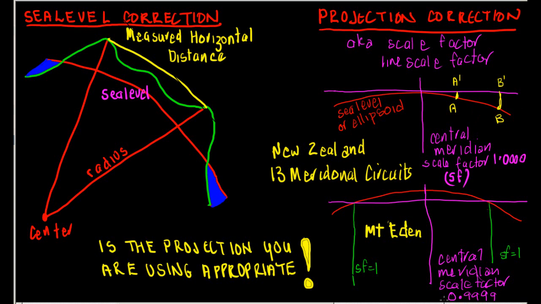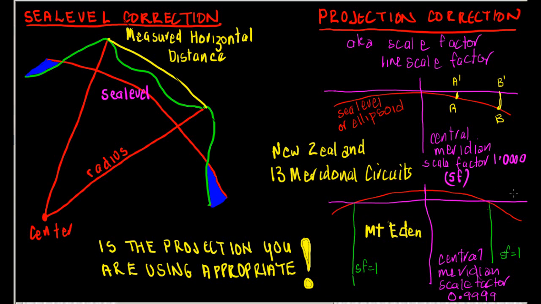In the case of Mount Eden, the central meridian scale factor is 0.9999, which in effect means that at some point to the west and some point to the east there is a scale factor of 1 on a meridian parallel to the central meridian. The effect of this is not to have as large a scale factor out at the extents of the meridional circuit.